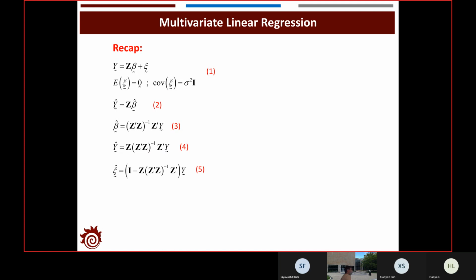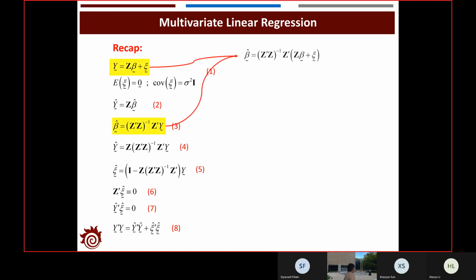And then we also define epsilon hat, the residual. And we know that z prime times epsilon hat is 0, and y hat transpose times epsilon hat is also 0. And y prime y equals y hat prime times y hat plus epsilon hat prime times epsilon hat. These are the equations we derived from the previous slides.